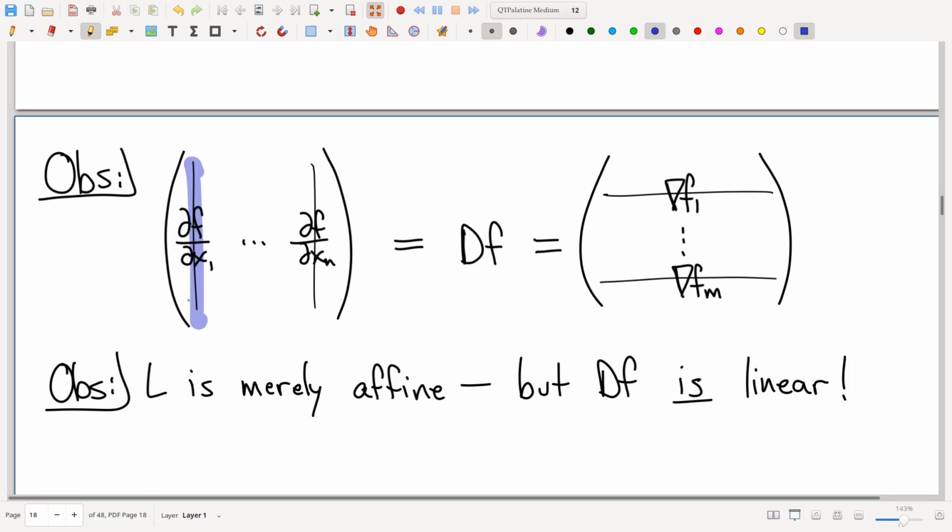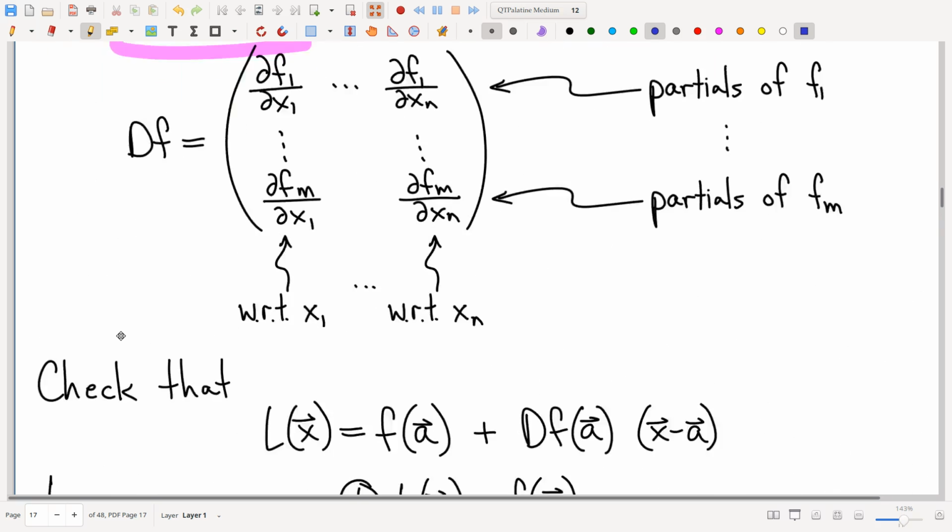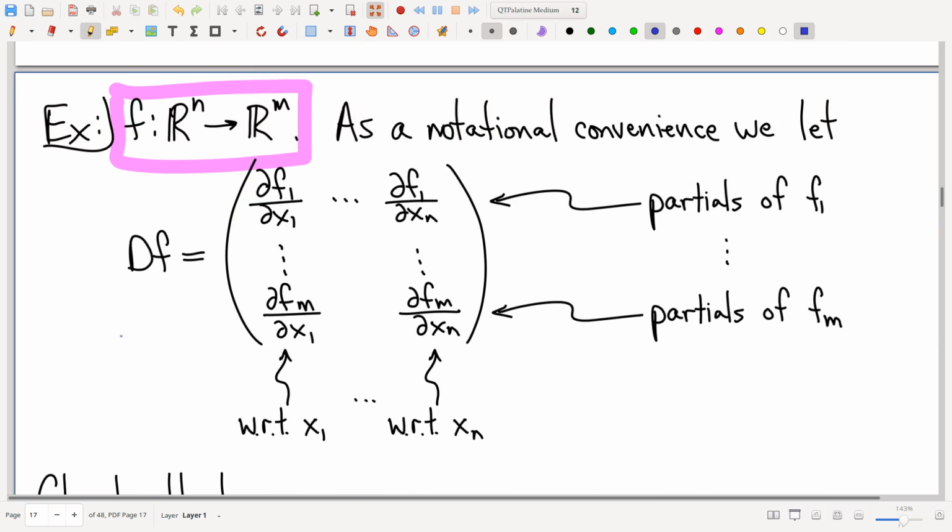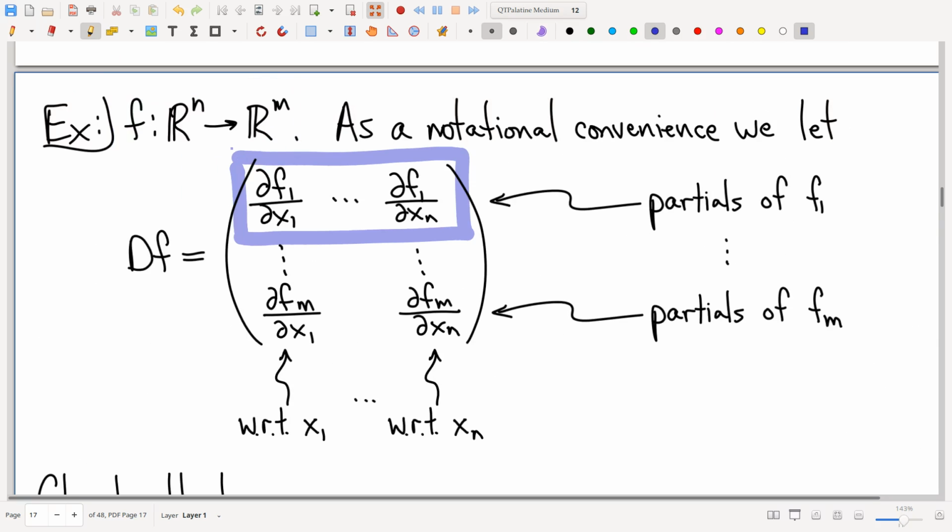What is not immediately obvious and doesn't immediately leap off the page at you, though, if you look over here at the first row, that is a bunch of partials of f1, f1 being a coordinate function, f1 therefore being a real valued function.